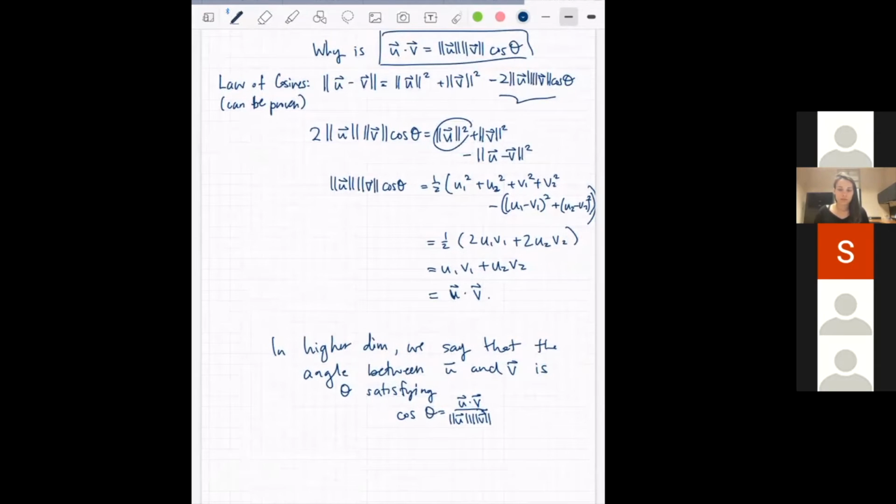Is there a specific name for this formula? Not that I know of. Maybe. I don't know. But basically, this gives us a good way of defining the notion of angles. All we needed was the definition of dot product to define an angle between 2 vectors.